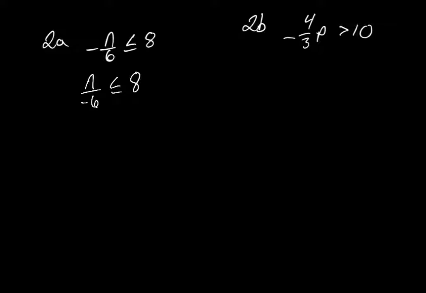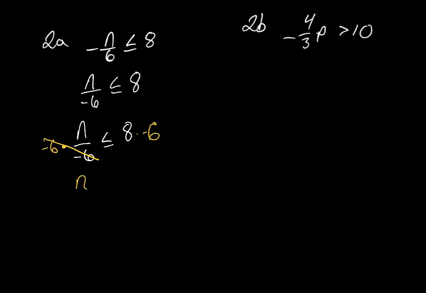Now I'm going to solve. How do we get rid of a negative 6 on the bottom? If it's n divided by negative 6, then we have to multiply both sides by negative 6, so that this cancels out. I'm going to write my n, and here's where hopefully you remembered the rule.